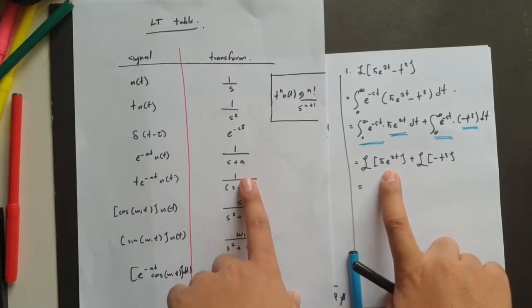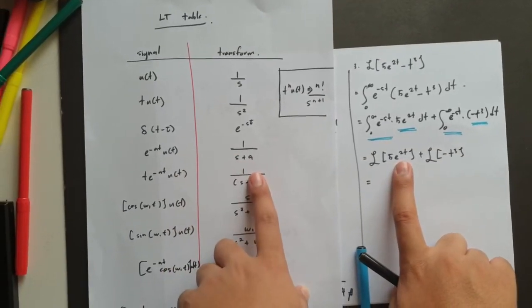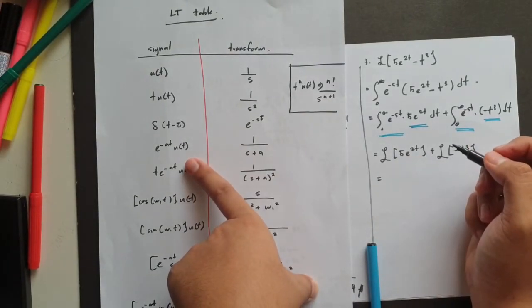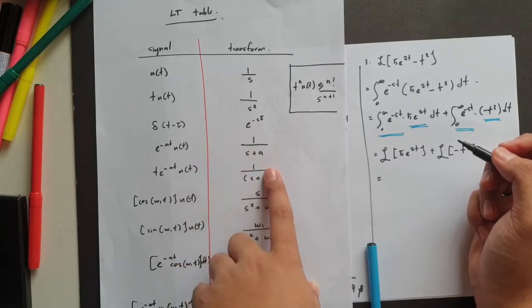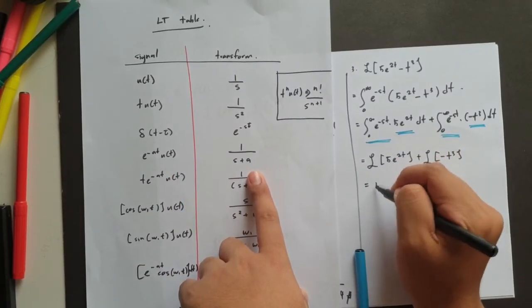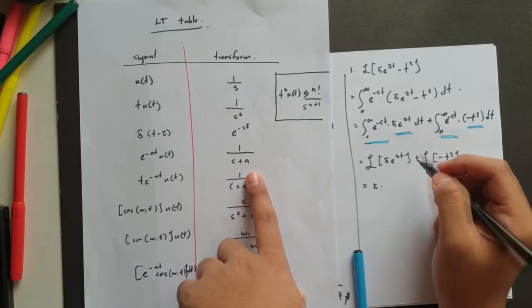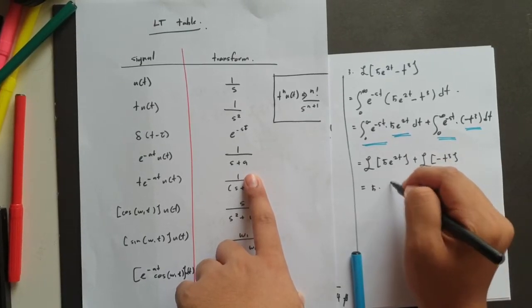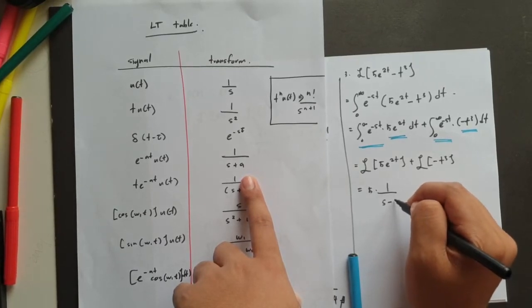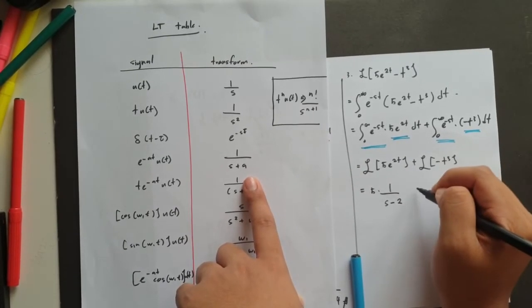You can refer to the exponential here. The 5 you can pull out, times 1 over s minus 2.